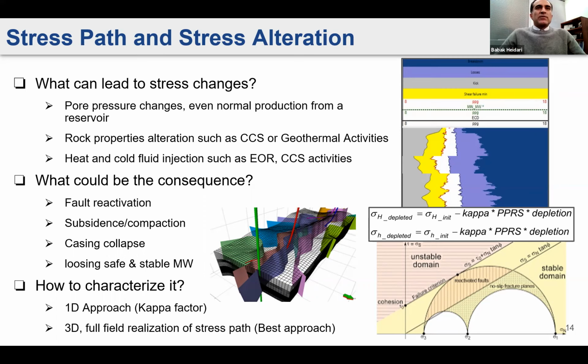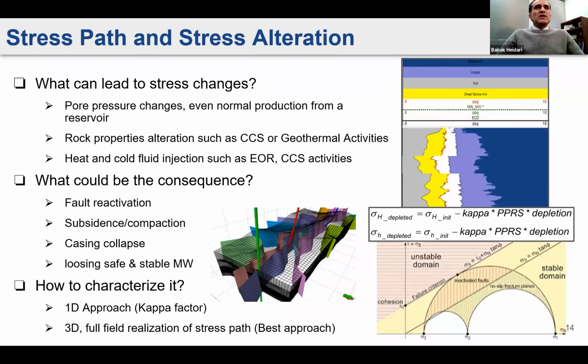Trouble could be, for example, if we have the safe mud window here, and then there is a depleted zone, you are not seeing any way to pass through this zone and reach the target. So there is a possibility that you are losing your safe mud window. This sort of thing can happen due to depletion, due to the change of the stress profile.